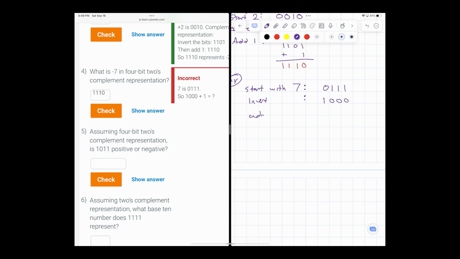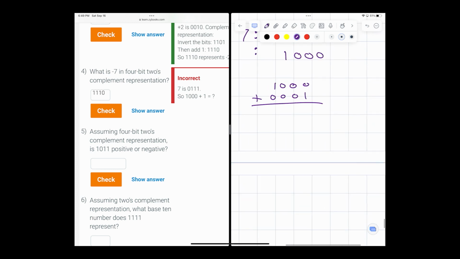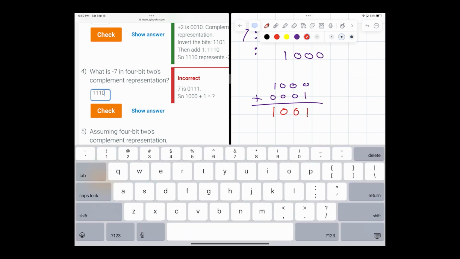And then we add 1. So we're going to go 1, 0, 0, 0 plus 0, 0, 0, 1. Sometimes I've been writing those zeros and sometimes I haven't. So we add 1 and we get 0 plus 1 is 1. And then 0, 0, 1.